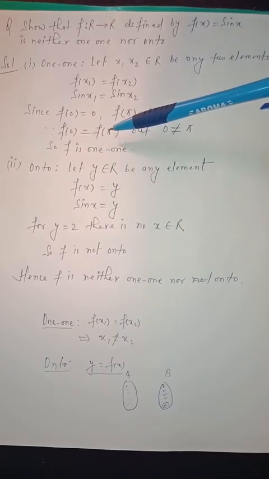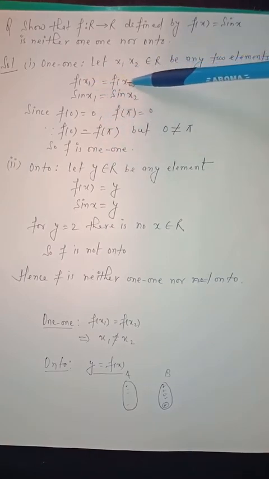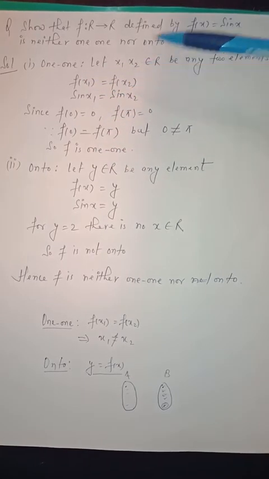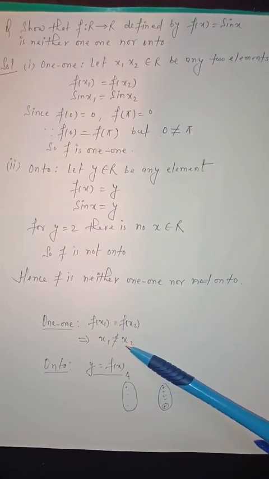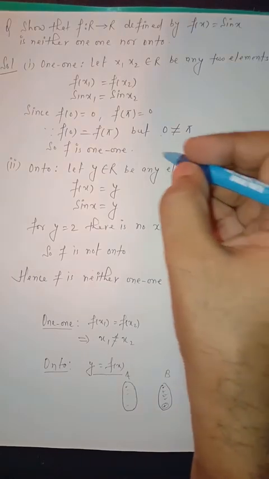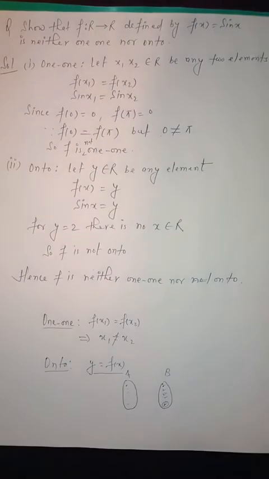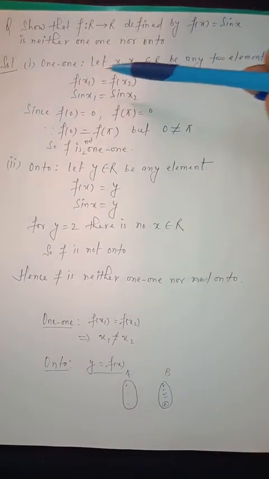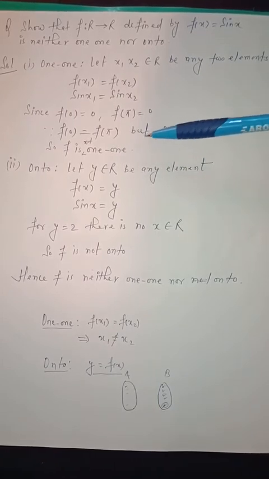So this is the reverse condition: when f of x1 and f of x2 are same but x1 and x2 are different, the function is not 1-1. Okay. So here f of x1, f of x2 are same, but x1 and x2 are different, so the function is not 1-1.